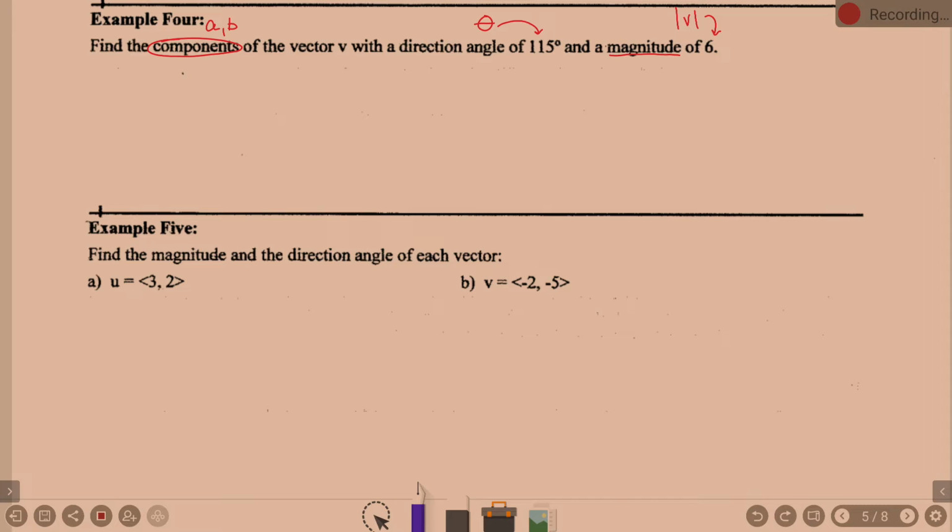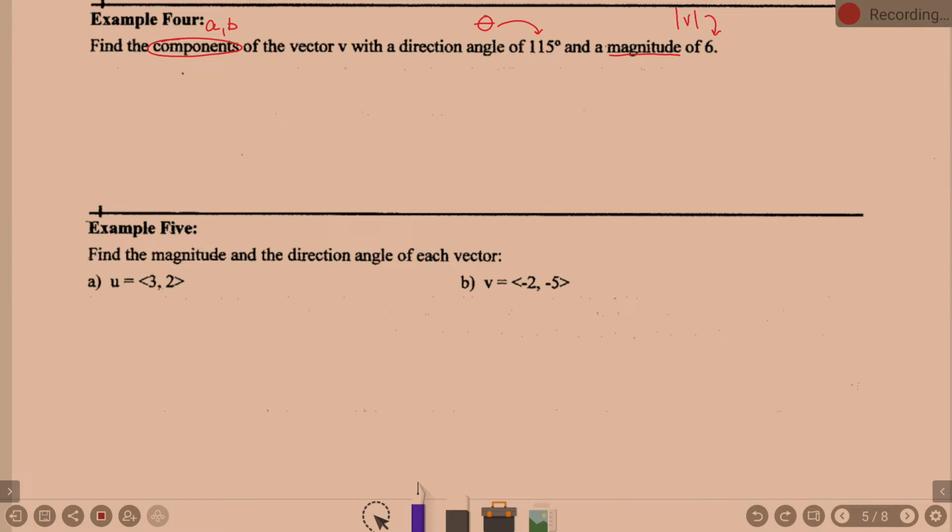Yes, we have formulas. What formula are you pulling there? The vertical component of the vector. So vertical component, B, it says B is absolute value of V times sine of theta. So that's how we'll find our B.